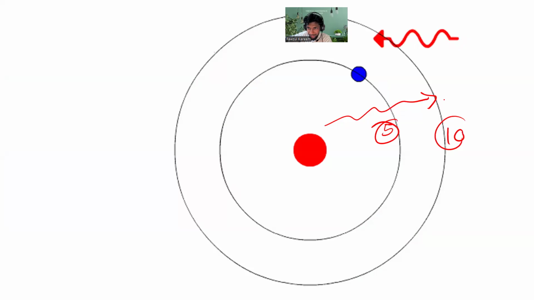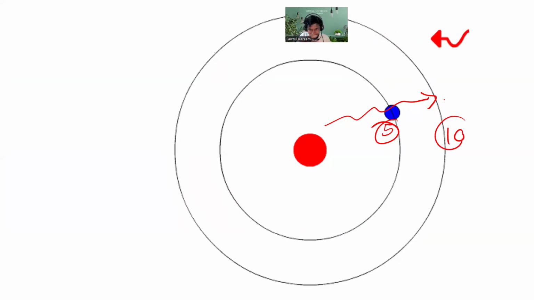Keep that doubt, I'll explain that part later. Sir, then the electron is increasing and decreasing the energies? Yes. They will take the energy and move outside, or they will release the energy and come inside.